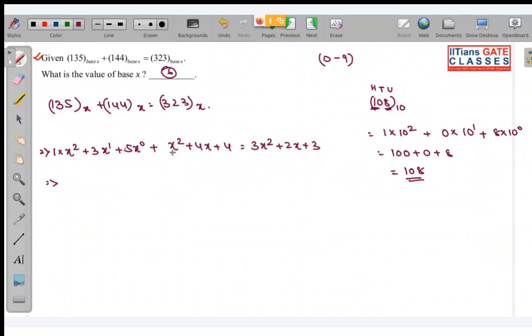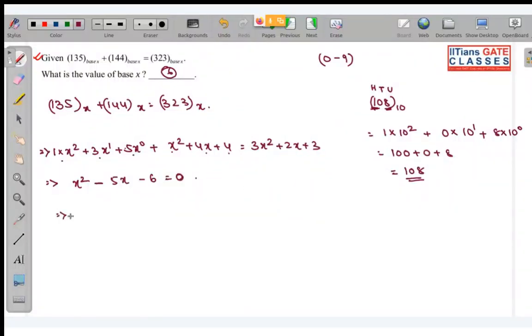So now if I solve this, let me bring this x square over this side. So this will be x square, and 3x plus 4x is 7x, 7 plus 2, so this will be minus 5x, and over here we have 5 plus 4, so that is 9, so minus 6 is equal to 0.